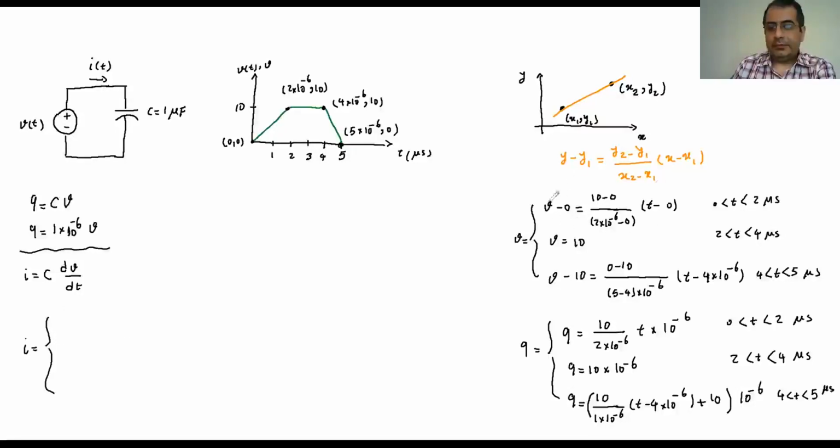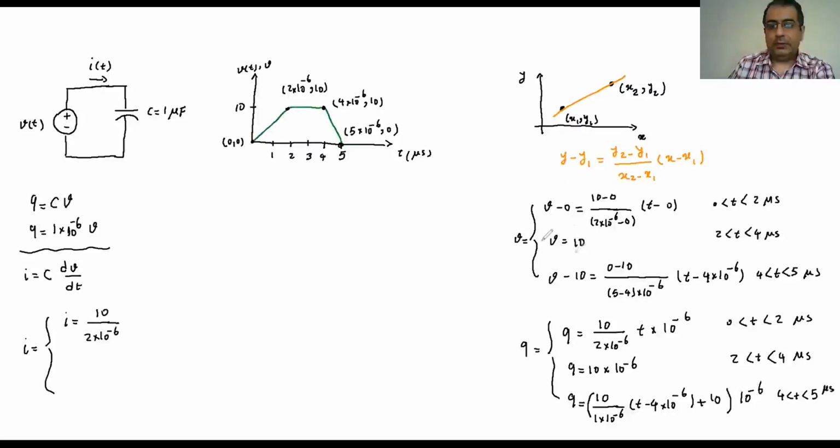So this is the V. It's going to be 10 divided by 2 times 10 to the negative 6 t. So if I calculate dV over dt, the I here is only this constant, because the t is going to go away. So it's going to be 10 divided by 2 times 10 to the negative 6.